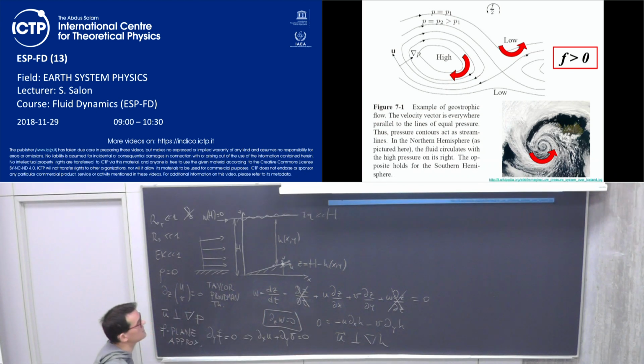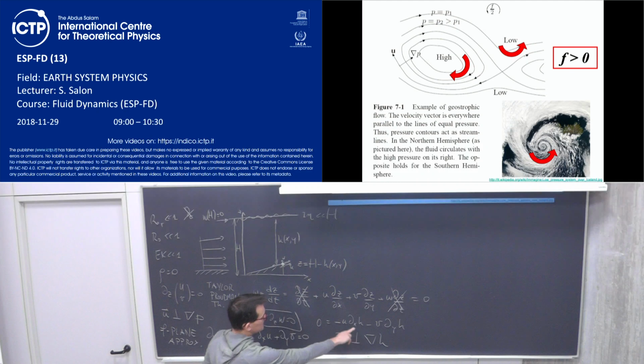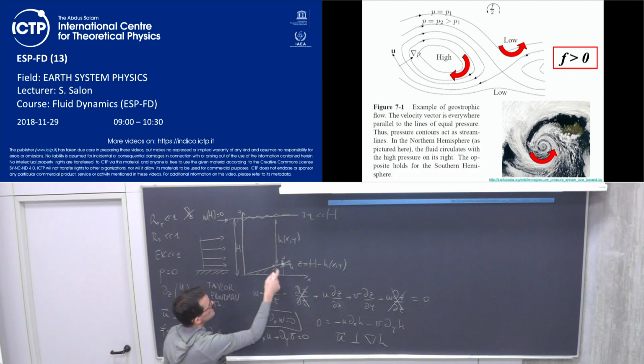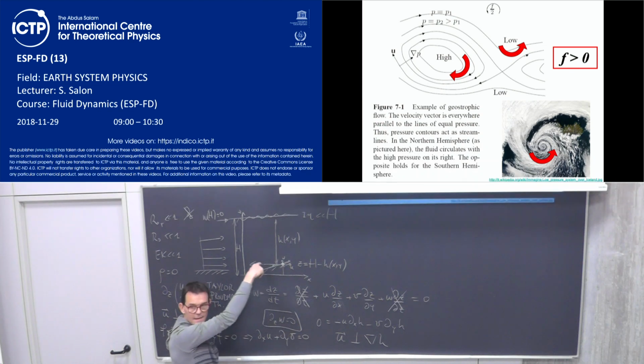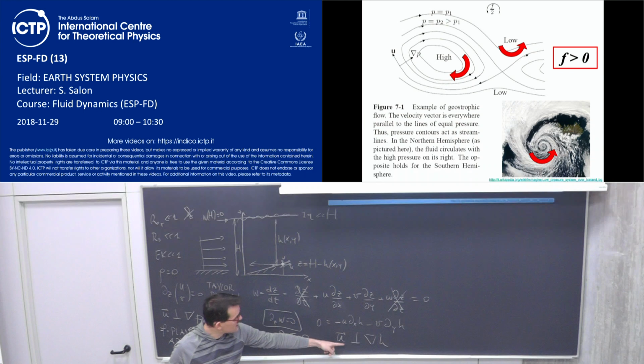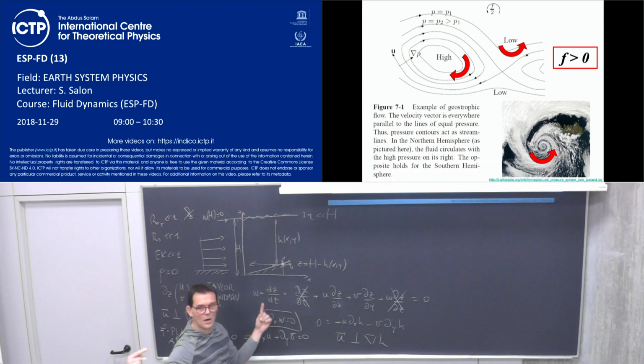The horizontal gradient of h is nothing more than the map, if you like, of the bathymetry, because it tells you how h changes in one direction or the other. So the velocity must always be normal to the gradient, which means the velocity can only be along this or this.